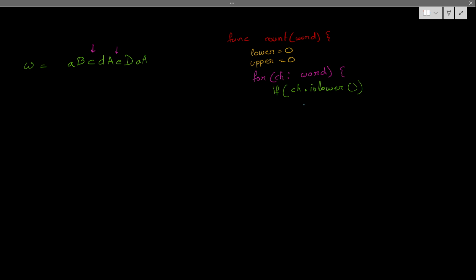I will do lower or equals, the or symbol. You can write it this way for simplicity, you don't need the shorthand, like plus equals or minus equals. Lower equals lower OR our left shift of, what is the shift? ASCII of character minus ASCII of A.